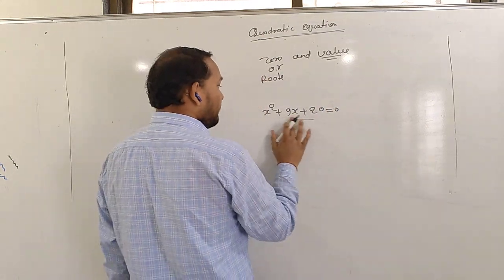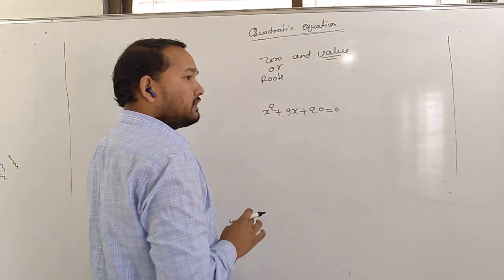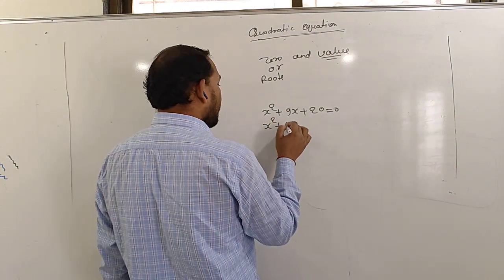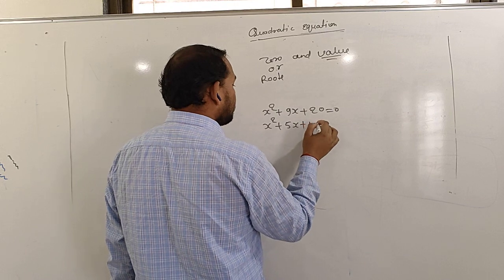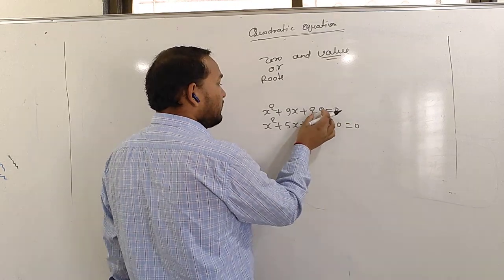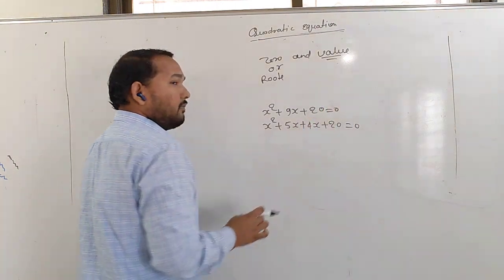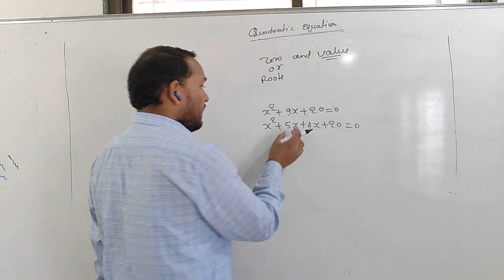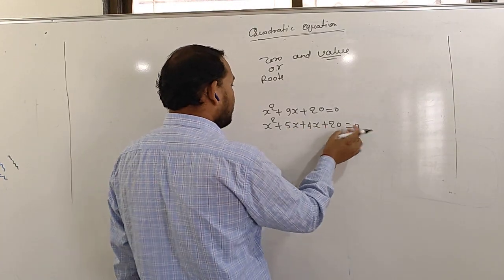We find the roots using the factorization method, and factorize the given term: x square plus 5x plus 4x plus 20 equal to 0. 20 is factorized as 4 into 5, and 4 plus 5 equal to 9. That means 5x plus 4x plus 20 equal to 0.